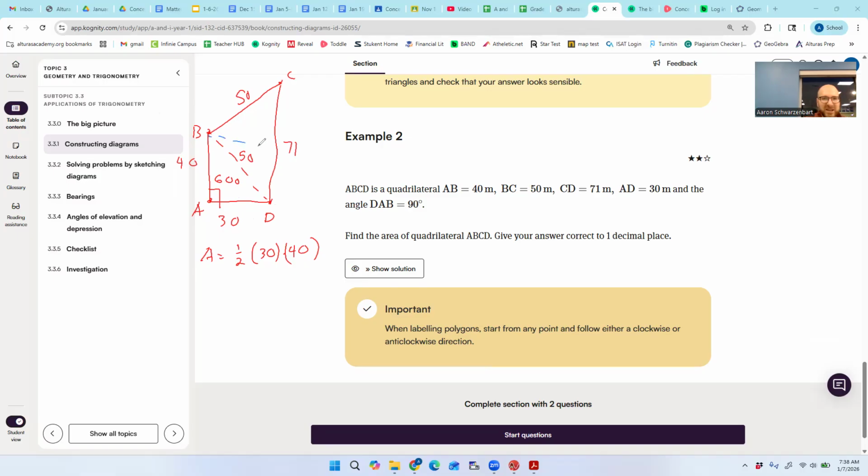I could find the angle using maybe law of cosines, or I can recognize this is an isosceles triangle. Those two angles are equal. And so I can draw a height right down the middle. It's going to split the 71 in half, 35.5. And I guess I don't even need the angles. I can get the height with the Pythagorean theorem.